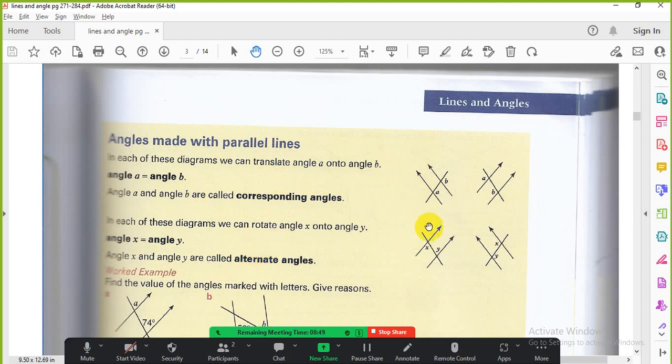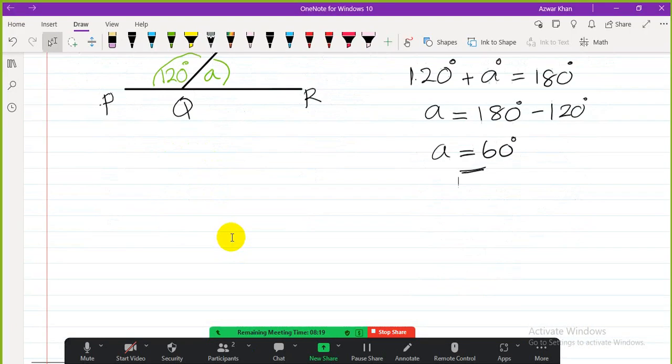These two angles we already discussed, but again I am revising. For the corresponding angle, I told you the easiest way to remember is which letter, Z or F? F, letter F. And alternate angle we can always remember with the letter Z. Okay? Right.